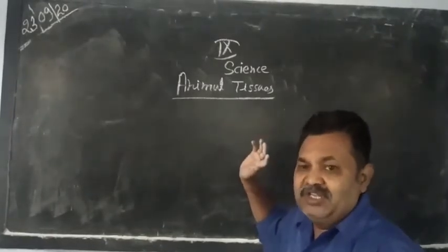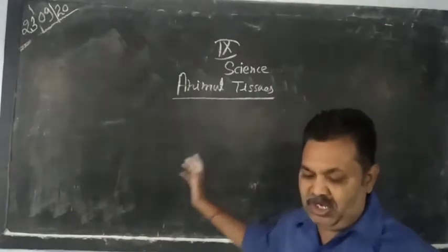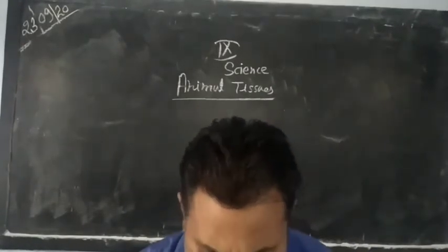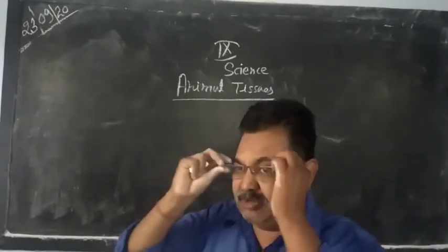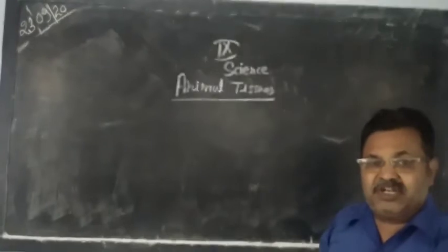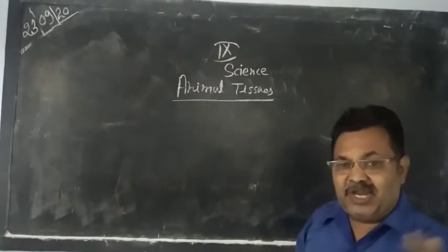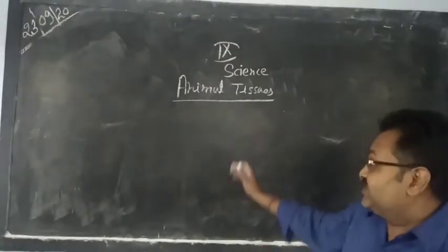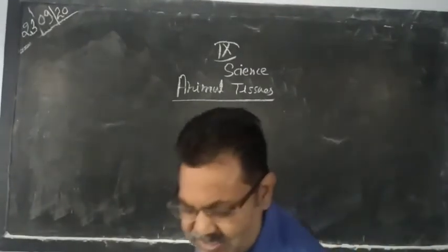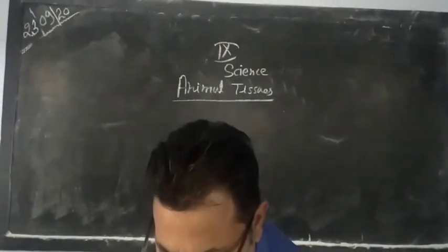In similar way, animal tissues are of following types. First one is epithelial tissue, like epidermal tissue. Epidermis is the outermost covering or lining of the plant's organs, and in animals, the tissue is known as epithelial tissue.